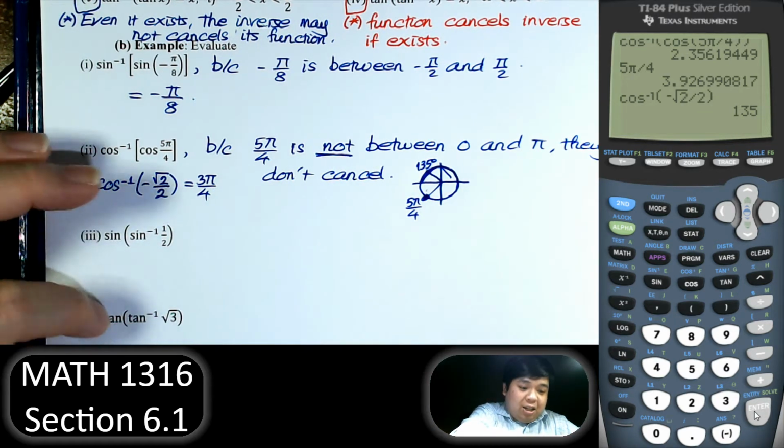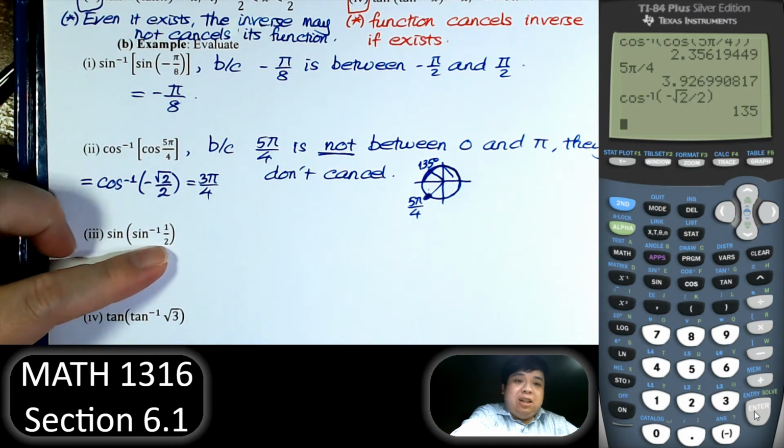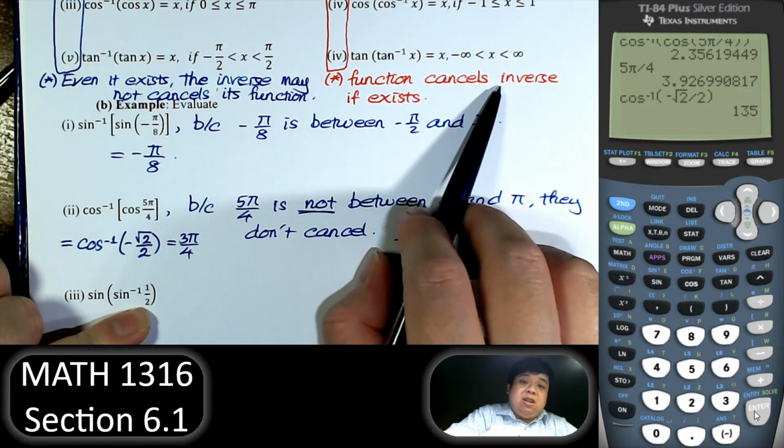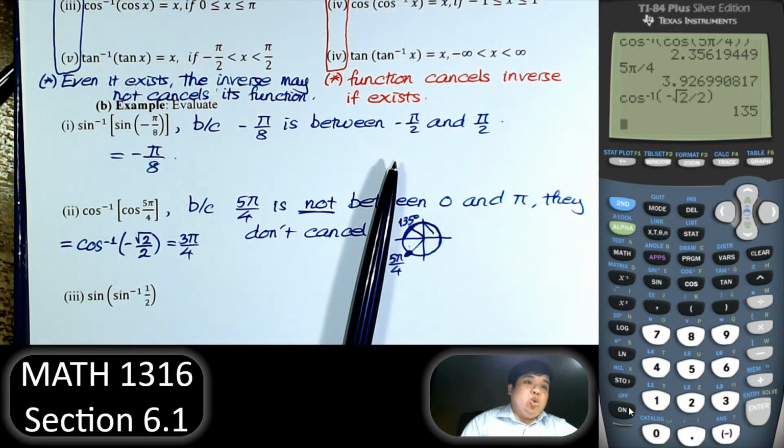Next, the sine and the sine inverse. Now this is easy. If this is defined, then they will cancel out for sure. So we do sine of sine inverse of 1/2.